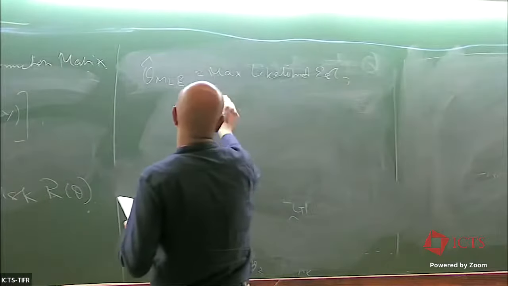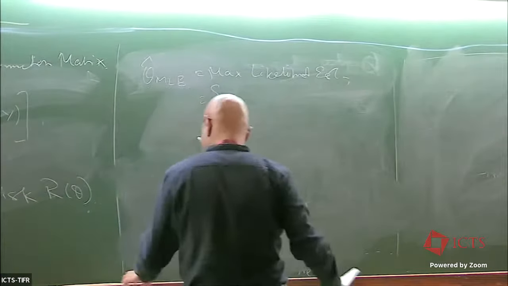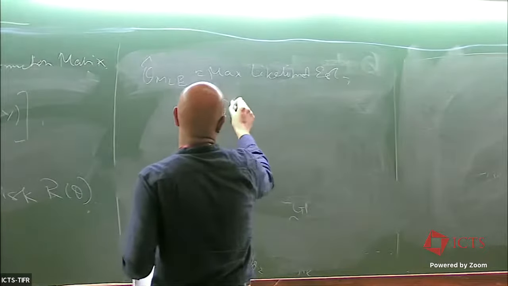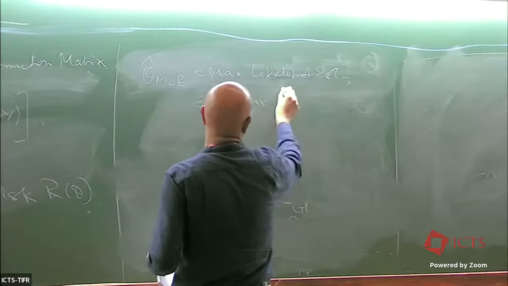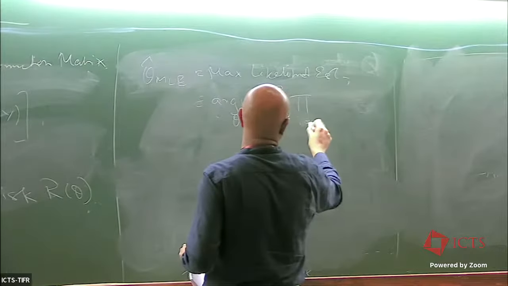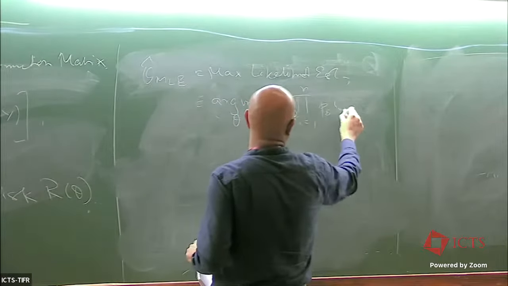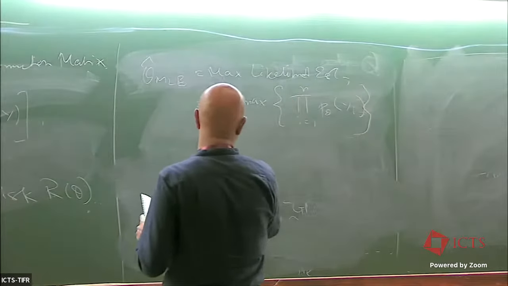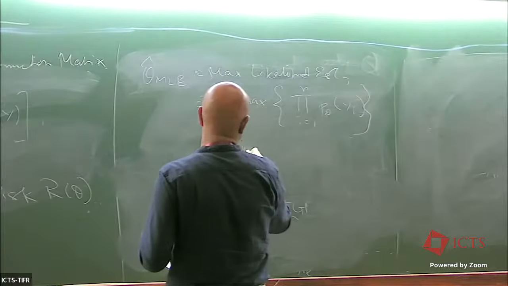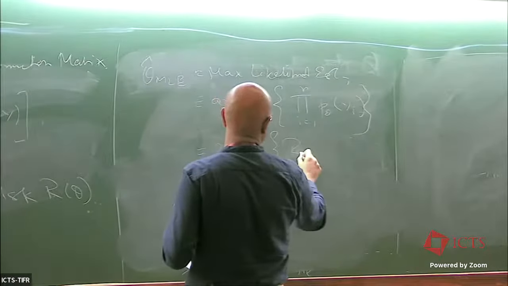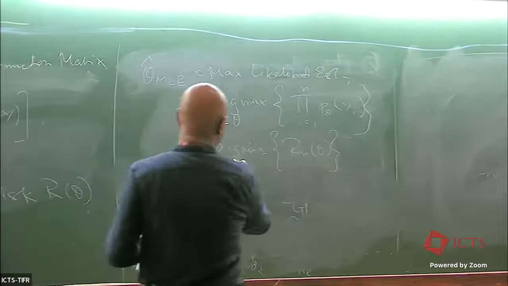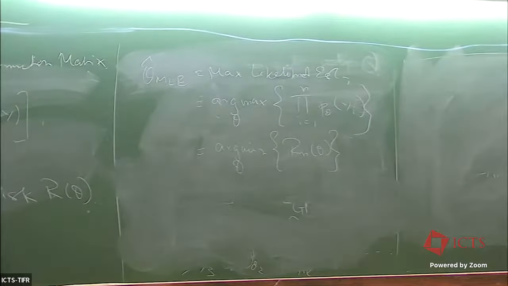This is just the argmax over theta which maximizes the likelihood, which is exactly the argmin of Rn theta. And this is more or less R theta, as we have discussed. So this is the maximum likelihood.